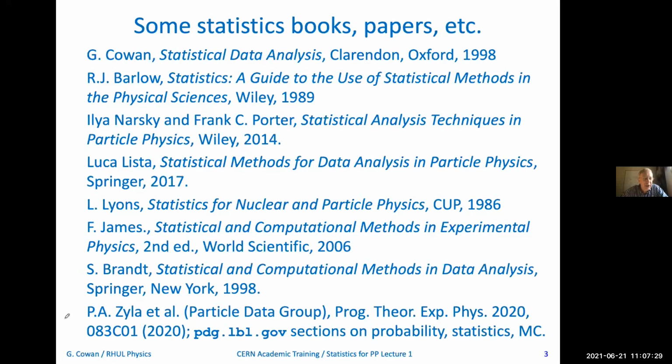I'll point you in particular to the very last reference, and that is the Particle Data Group's biannual tome, this Review of Particle Physics that you can download for free. It includes sections on probability and statistics and Monte Carlo. And so anyway, those are some useful references.